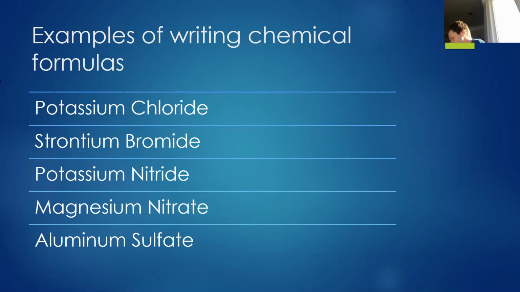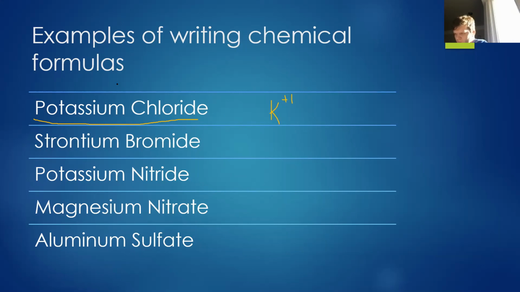Okay, so in the first name, we have potassium chloride. If we wanted to write the chemical formula for that, we would get out our periodic table and figure out what the symbols were and their charges. So potassium is K. It's an alkali metal, so it has a +1 charge.